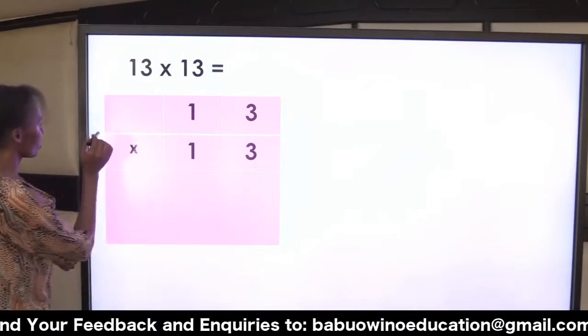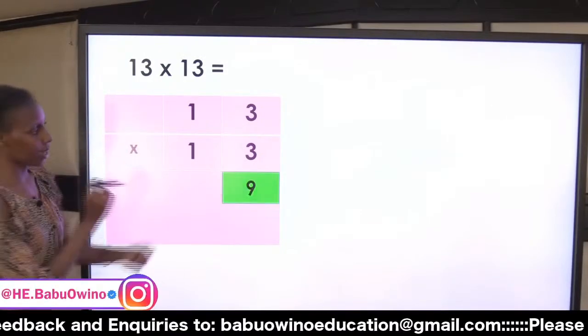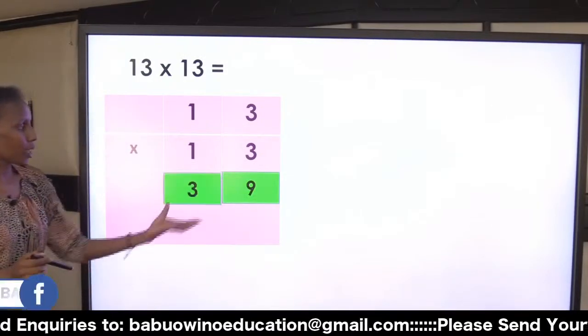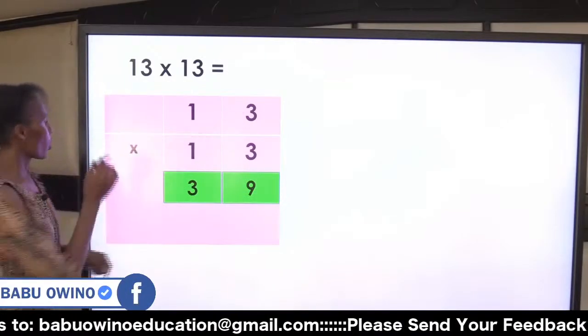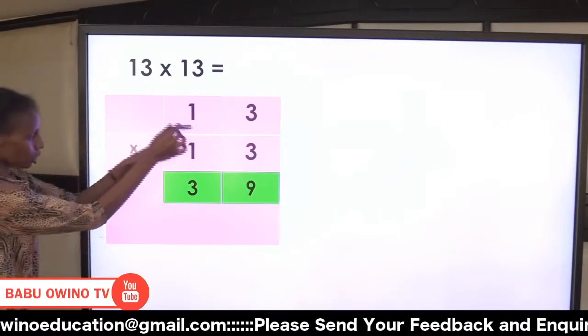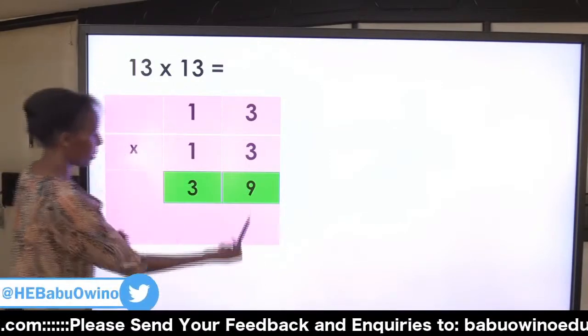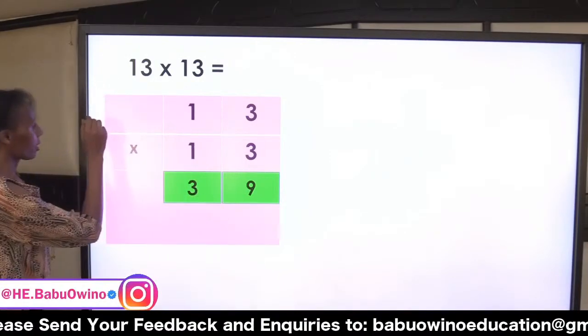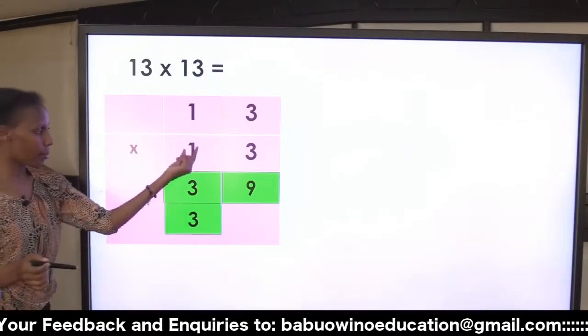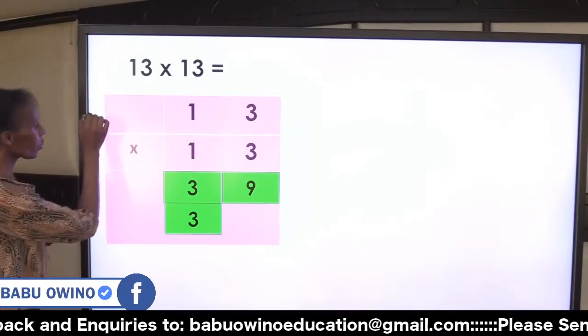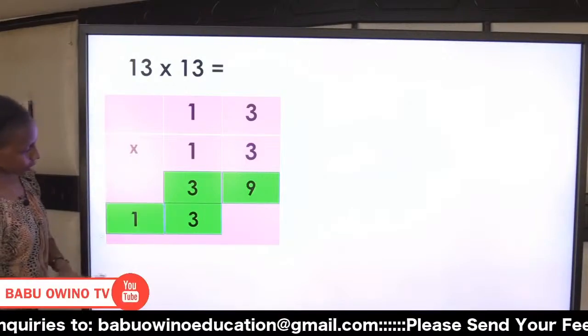So 3 multiplied by 3, you get 9. 3 multiplied by 1, you get 3. 3 times 1, you get 3. And because this is the tens place value, I will not write my answer here, but I'm going to write it under the digit I'm multiplying with. Then 1 times 1, you get 1.